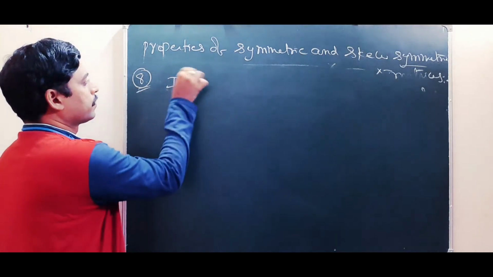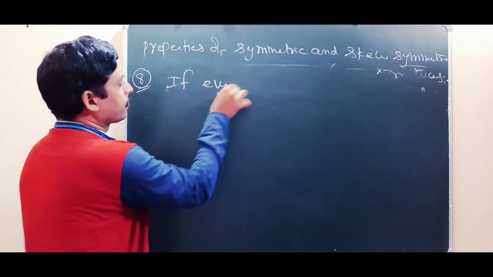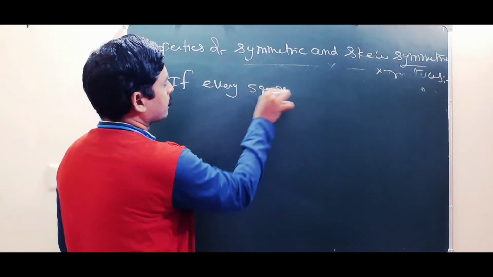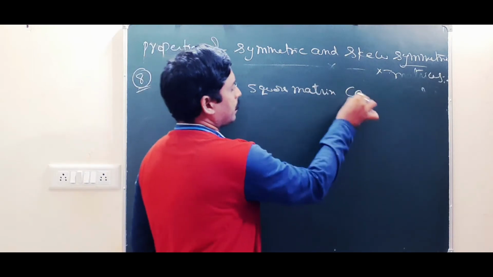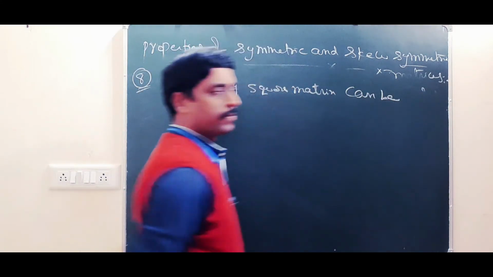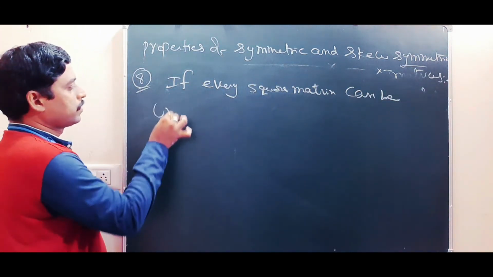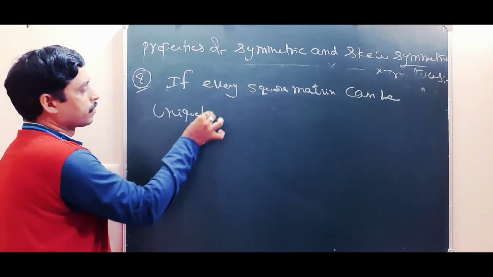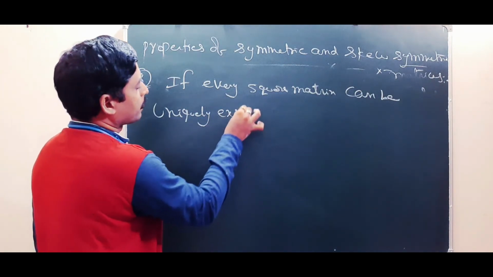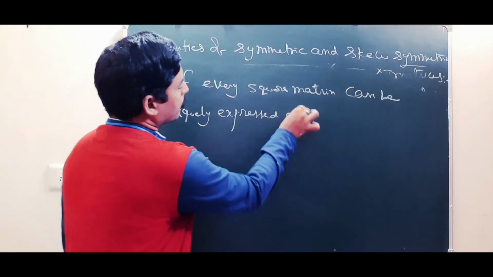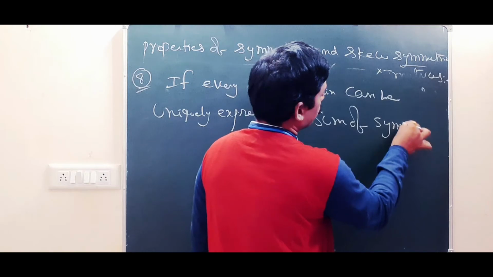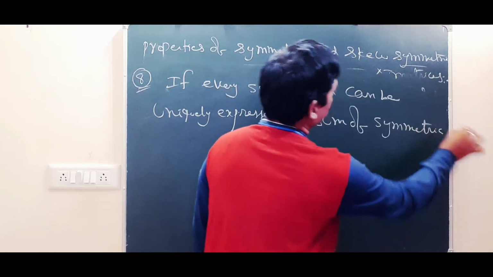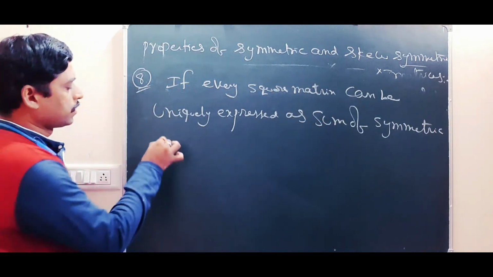Every square matrix can be uniquely expressed as a sum of symmetric and skew symmetric matrices.